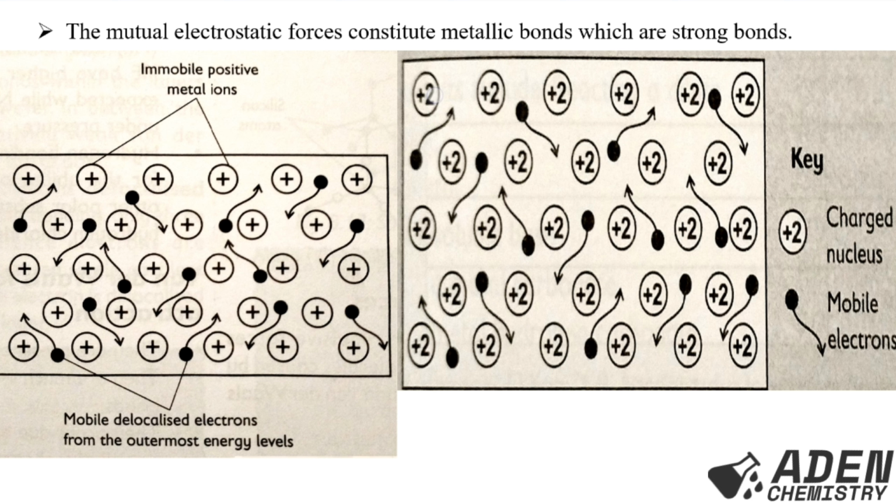So when you have +2 in the nucleus, that means we are dealing with an alkaline earth metal or group 2 element, because a charge of +2 means that the atom has lost 2 electrons from its outermost energy level. Remember, when you give it a plus, that means loss of electrons. When you give it a negative, that means gain of electrons.